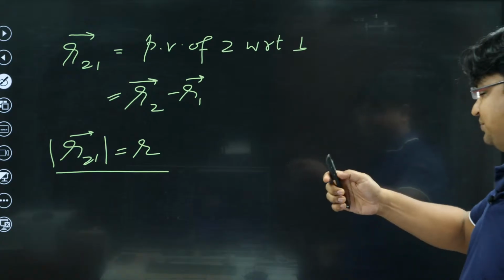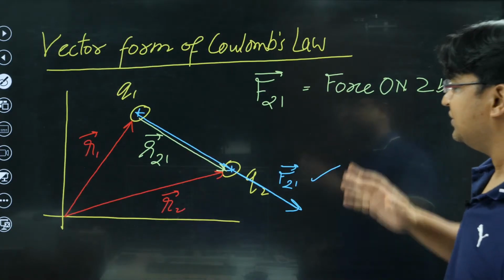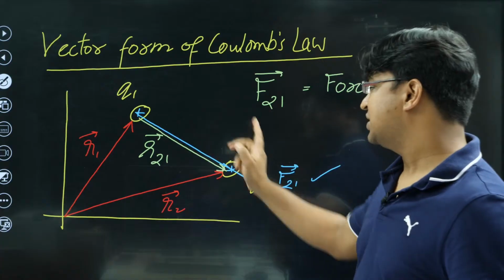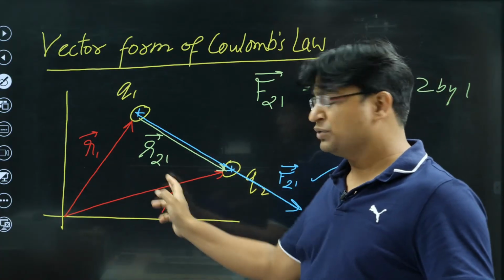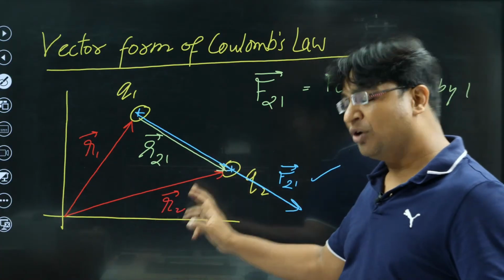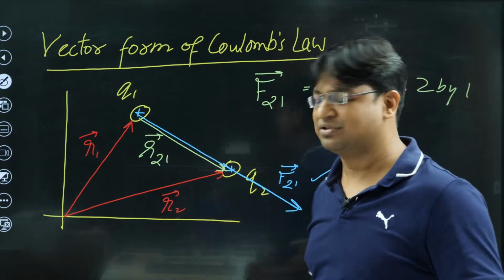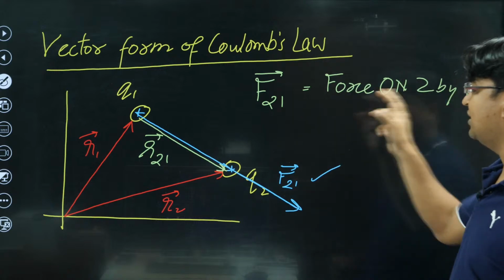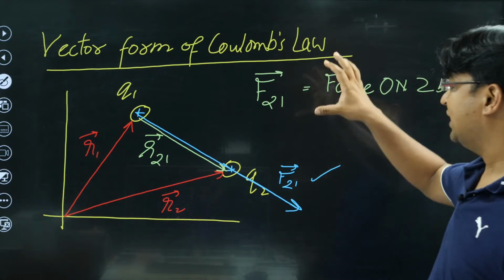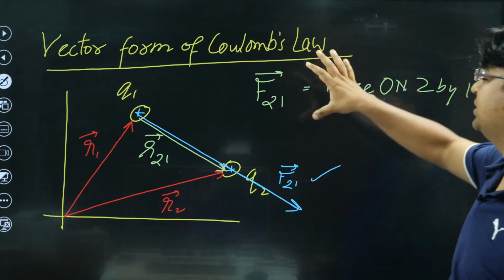Okay, so coming back, what is happening here? There are two charged particles, and the position vectors are given to us. We want to write the force on one particle by the other using vector notation. We have figured out what the meaning of this symbol would be.